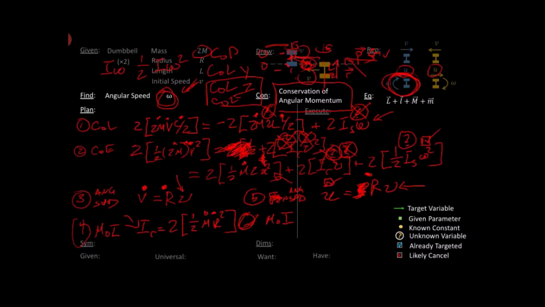In this case, the moment of inertia is, again, going to be twice something, because we're going to add up the moment of inertia from that plus the moment of inertia from that.